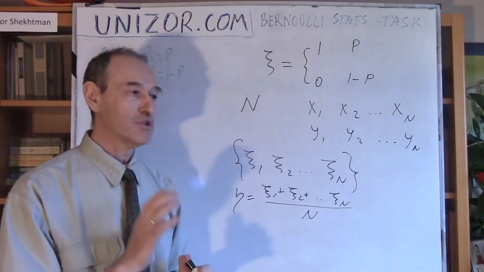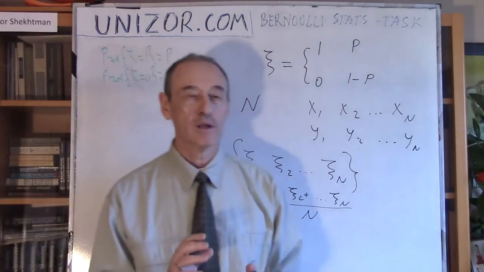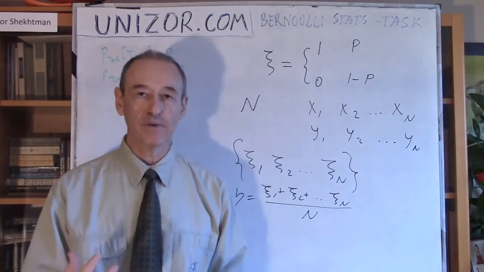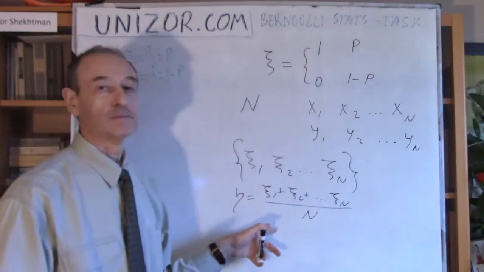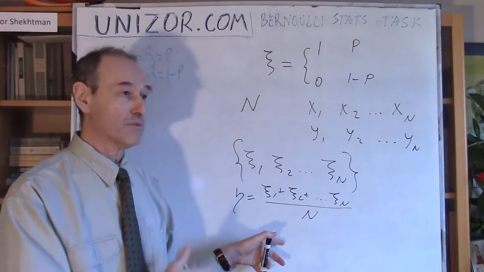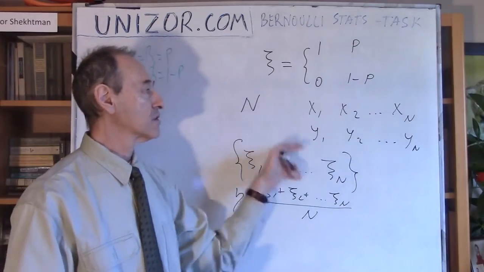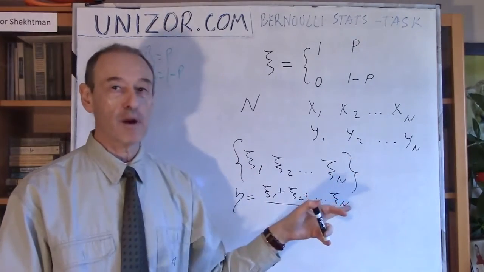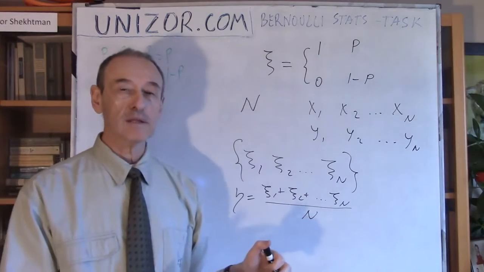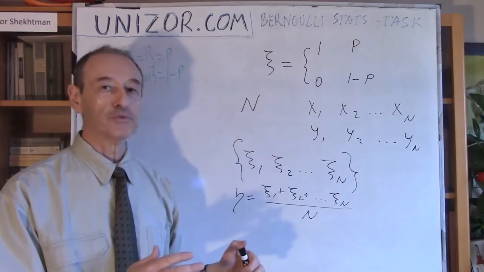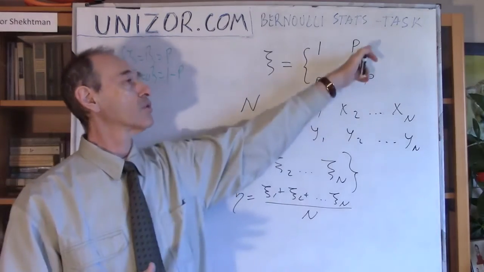So that's the task. The solution to this task will be in the next lecture. But again, let me once more emphasize the philosophy of mathematical statistics. We are using a random variable, and it's random because different people conducting this combined experiment will have different values of eta, right? But still, regardless of that, we would like to prove that this eta will be close to p.